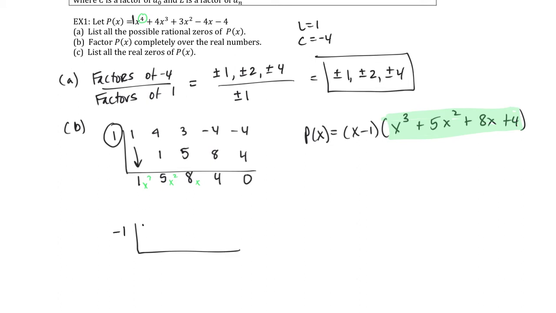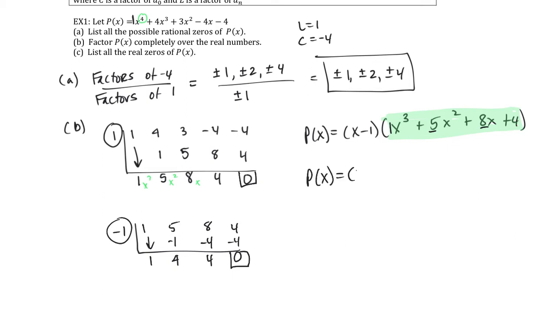So I've got leading coefficient here is 1, and then 5 and 8 and 4. We bring down our 1, and -1 times 1 is -1. Add these together. -1 times 4 is -4. Add the 8 and -4. And -1 times 4 is -4, and add those. Okay, so this gives me a remainder of 0, so x equals -1 is also a zero.